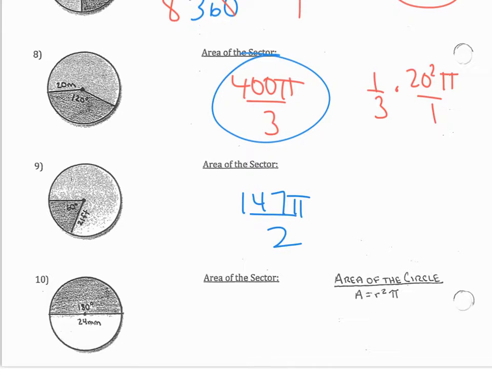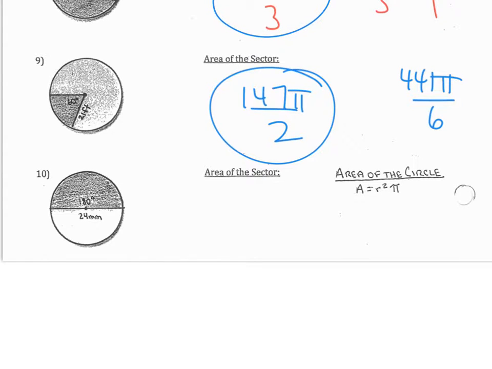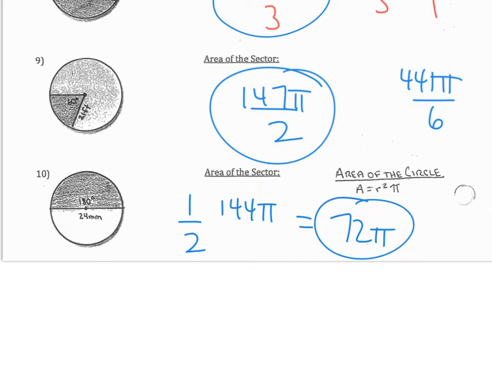Now, a lot of you, when I was walking around, had 441 pi over 6. If you divide both of those numbers by 3, you get what she got, 147 pi over 2. Okay? And Chanel, number 10. 72 pi. Right. Remember, they only want half the circle, so 1/2 of 144 pi ends up being 72 pi. So good job. Okay? So think about it that way. You could have done the 180 over 360 as well.